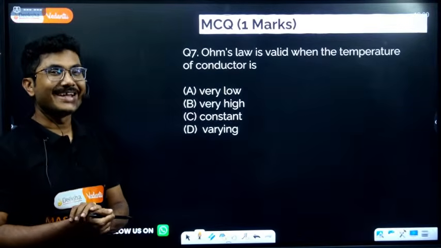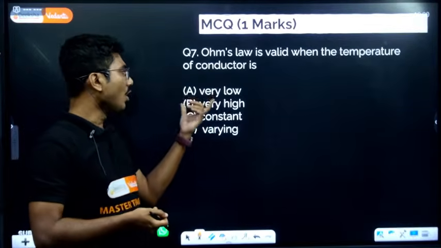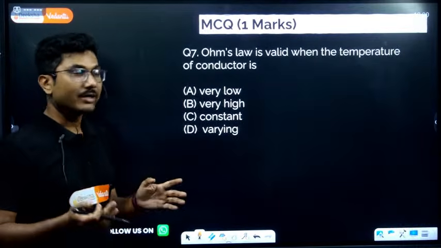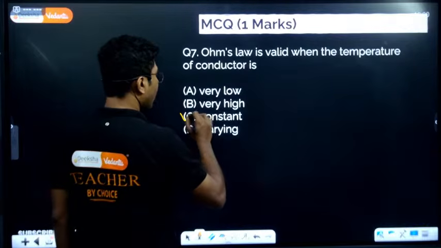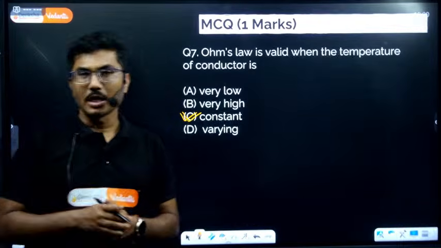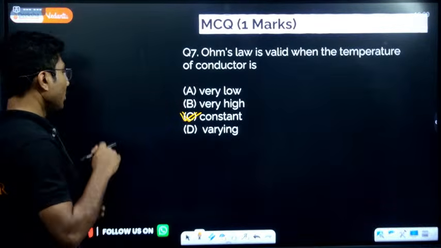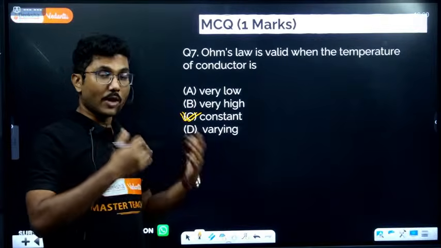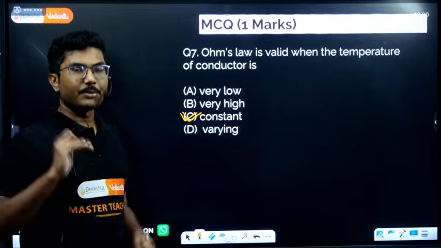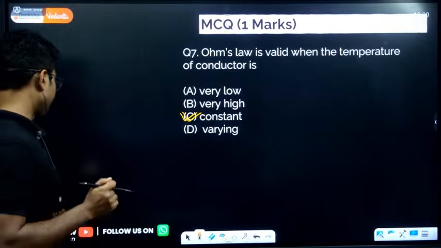It cannot be varying, and at very low or very high temperatures Ohm's law is not valid at all. So the only option is constant. Even if it is varying, Ohm's law is not completely valid. The main condition of Ohm's law is that temperature has to be constant.